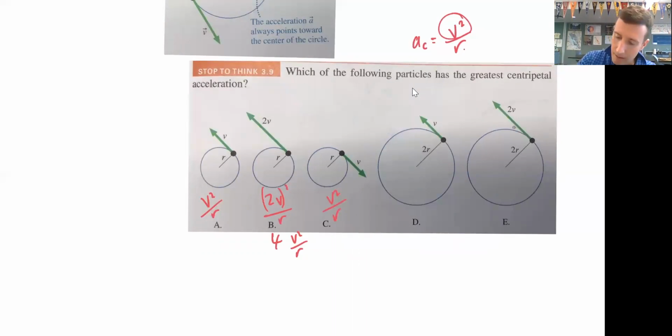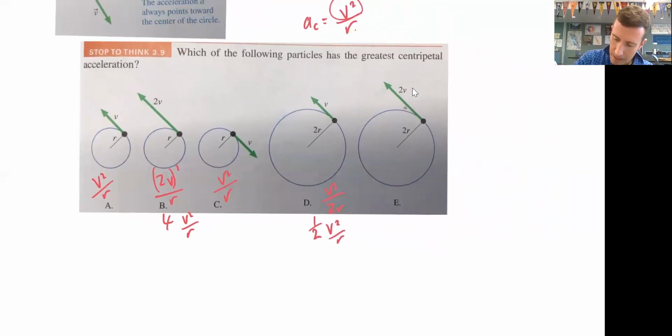In this case, it would be v squared over 2r, so that's 1/2 v squared over r. And then in this case, it's 2v squared over 2r, which is equivalent to 4v squared over 2r, which is equivalent to 2v squared over r.